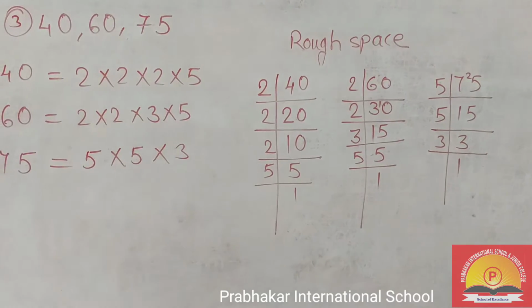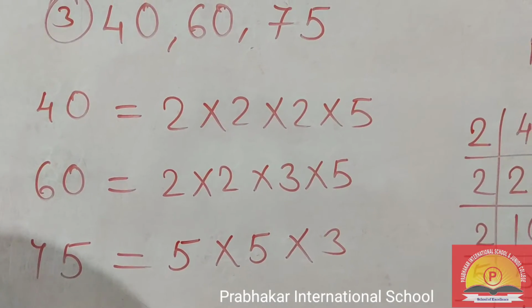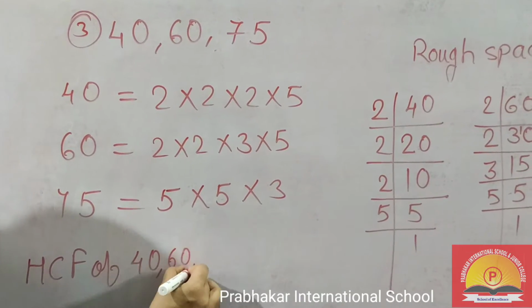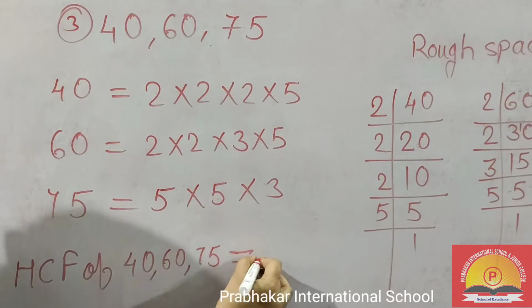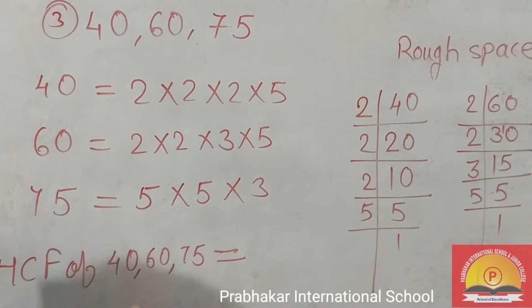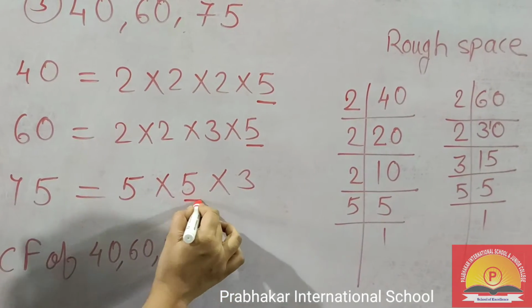Now here we got all prime factors. When we are finding HCF of 40, 60, 75, you can write it like that also. So you can see this 5 is coming everywhere.